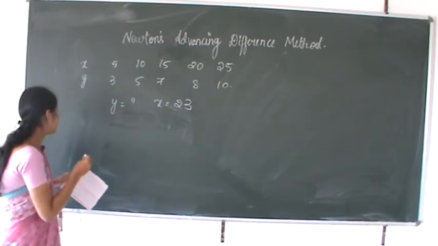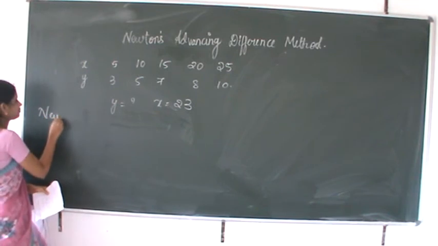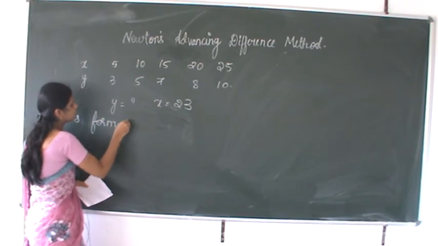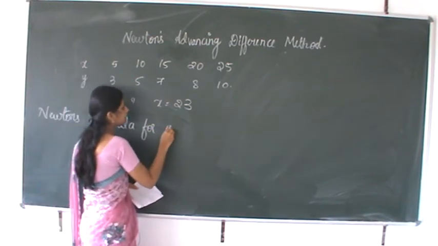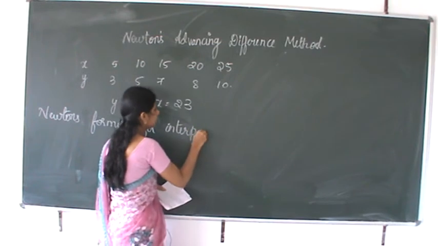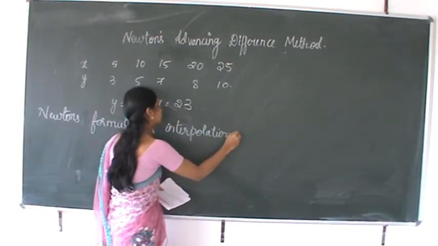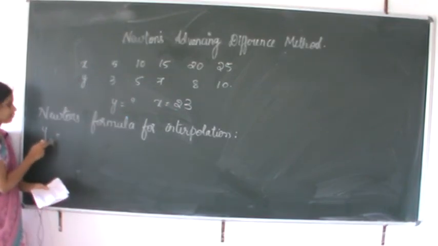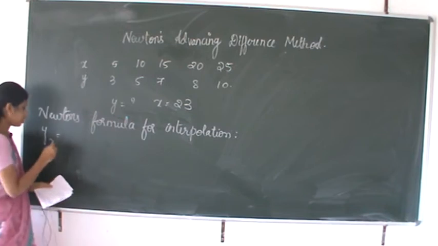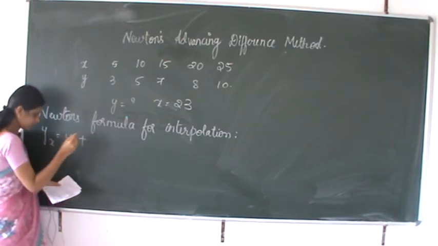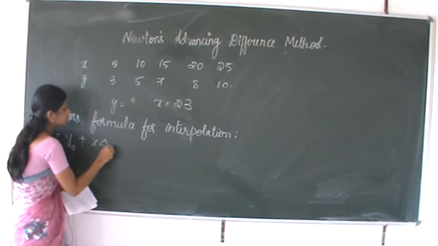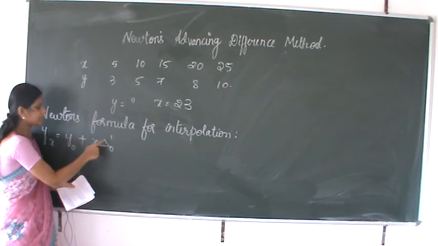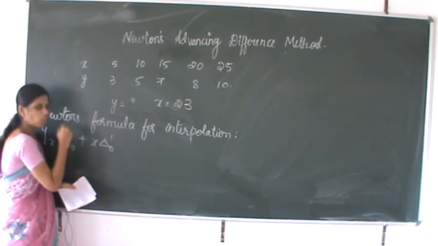Newton's formula for interpolation is: yx, the value which I have to interpolate, is equal to y0 plus x times the first order leading difference. The first leading difference is denoted by delta 0 raised to 1.